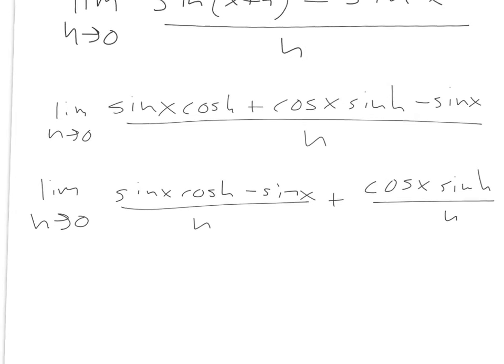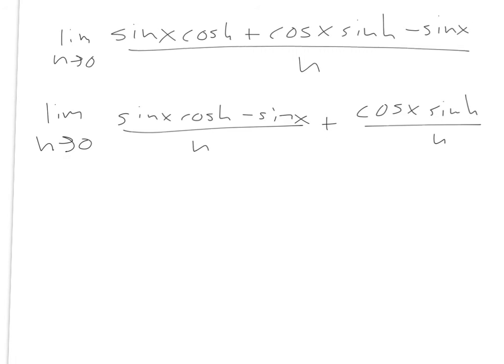All right, I can now evaluate these limits separately, and everywhere that there's just an x value, I don't really need that in it. So I can factor out a sine x, and since the limit is only evaluating as h approaches 0, it doesn't have anything to do with an x, I can write it out in front of the limit notation.